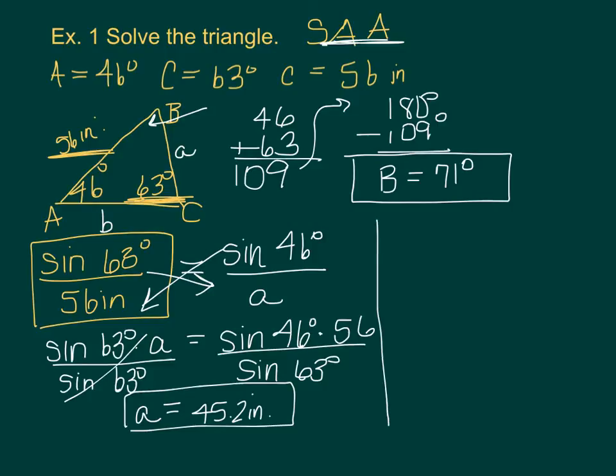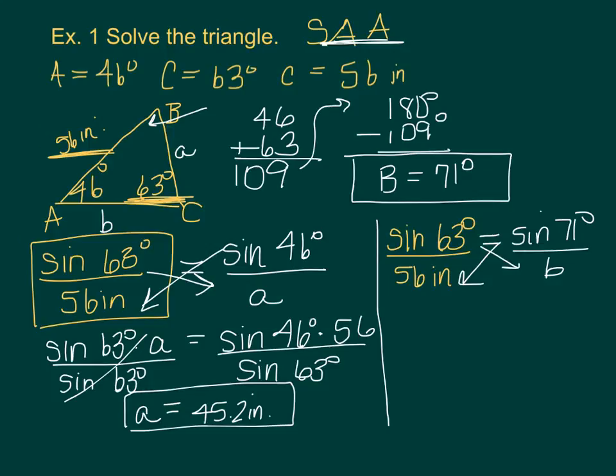And then you do the same thing to find little b. I'm going to use the c again, sine 63 degrees. And the reason why is so that you know that this was given, so you're less likely to make a mistake. Remember, angle B was 71. And you just cross multiply again.